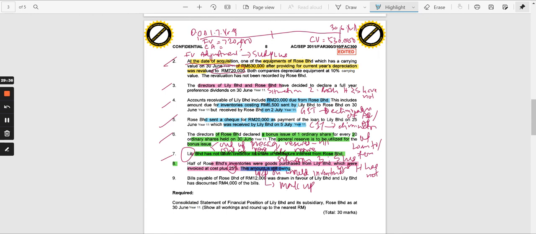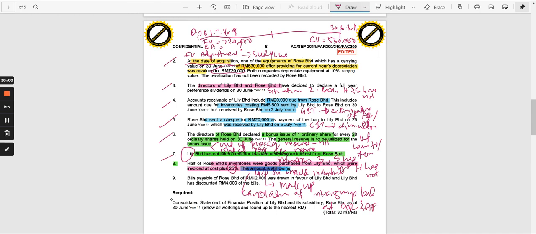So this will also need to be cancelled off. For this part, the blue one here, you need to do the elimination or the cancellation of the intra-group balance of accounts receivable and accounts payable.